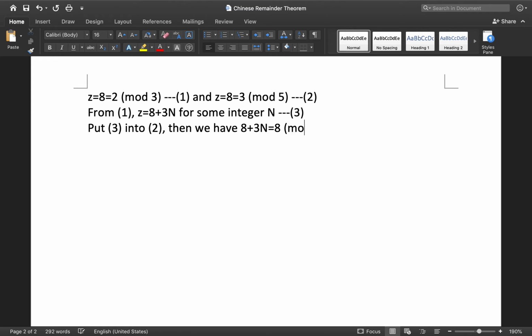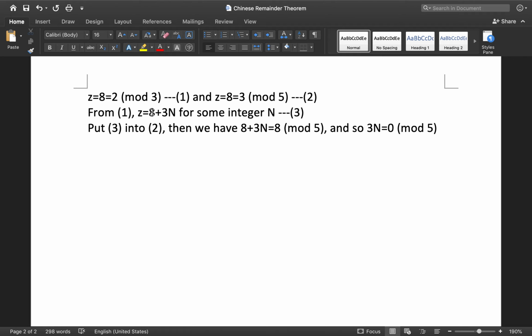But now, because we're putting that into the second equation, we are not taking congruence with respect to 3. We have to take congruence with respect to 5. So we got 3n, which is congruent to 0 modulo 5, because the 8 just got cancelled.